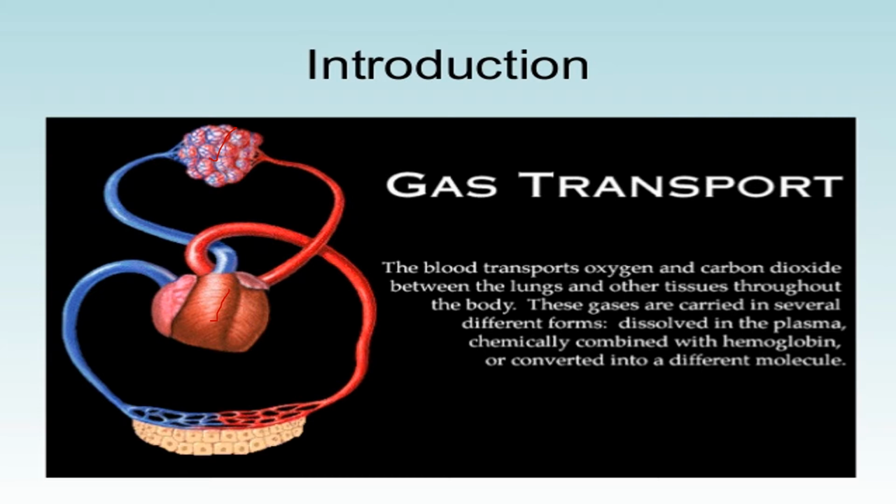And the transportation which occurs in between heart and body tissues or cells is called systemic exchange of gas. So the systemic exchange of gas transport occurs in between the heart and the cells. The pulmonary gas transport occurs in between lungs and the heart.